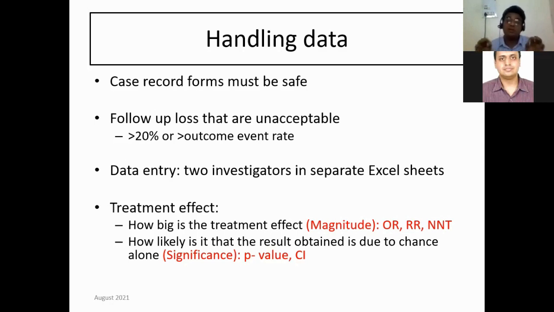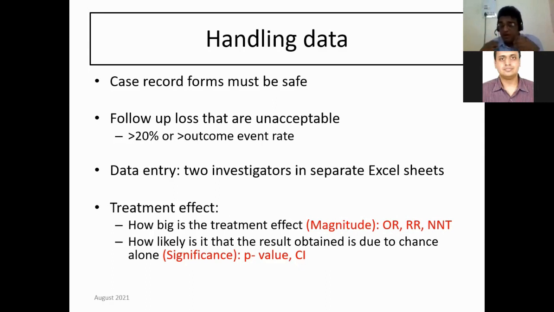Ensure that the treatment effect, this is a very important concept that I'm trying to tell you, is the treatment effect. That means once your results are out, I want to now say whether treatment A is better or whether treatment B is better. There are 2 ways to say it, right?